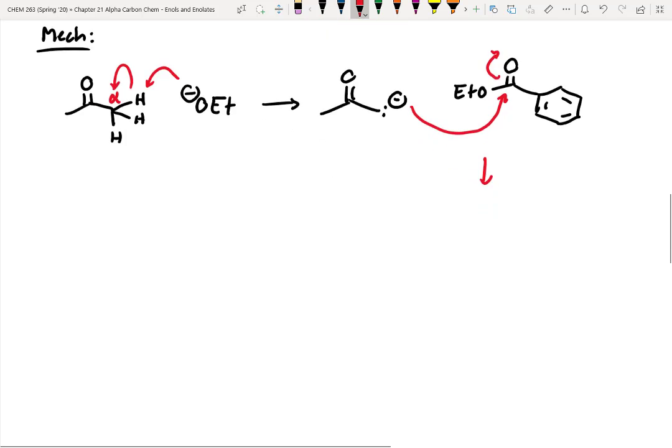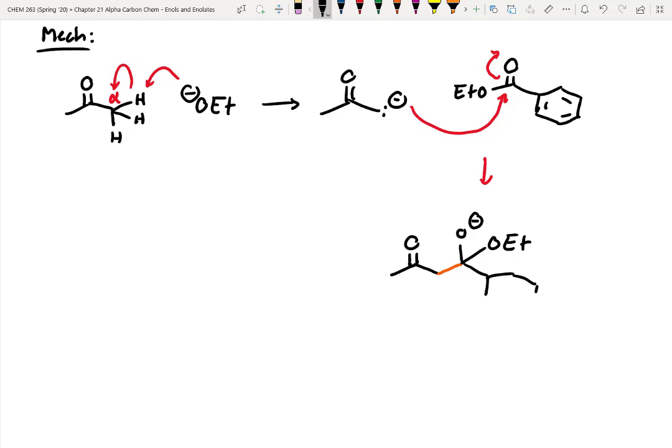And when I do this, I'm going to make a new carbon-carbon bond. I'm going to show that in orange here. And then over on this side, I'm going to have my oxygen with a negative charge, my ethoxy group, and then my phenyl group. So that bond in orange is new.